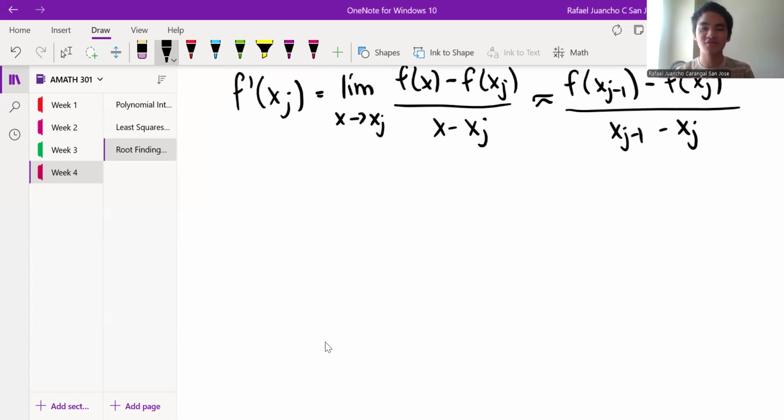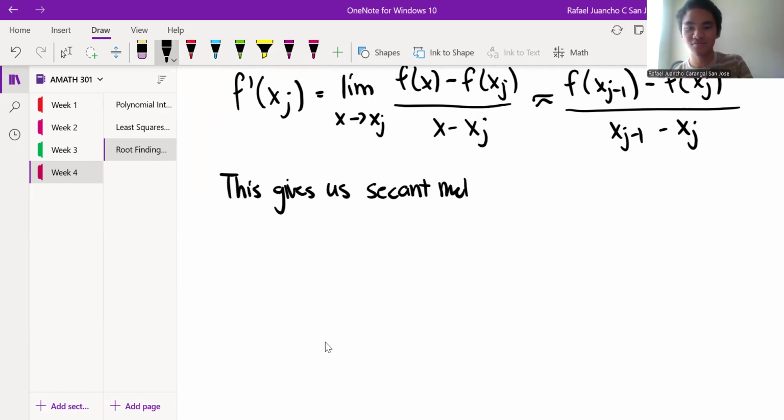Well, if we remember from our calculus, this is a calculus one idea, when we're taking the limit of something, we're finding the tangent line, but we start with a secant line. And so, well, apparently mathematicians are not so original. They decided to just name this the secant method. That's funny.